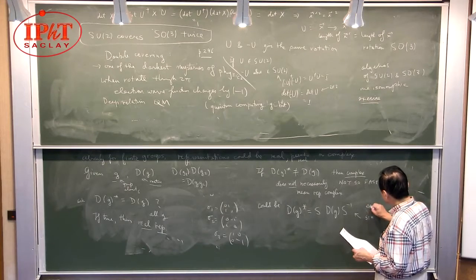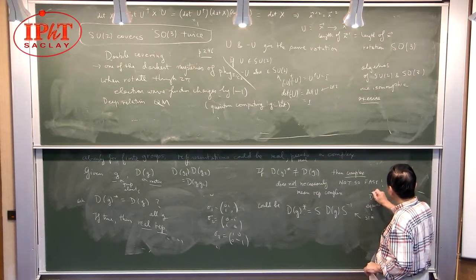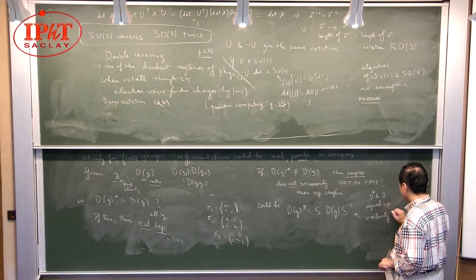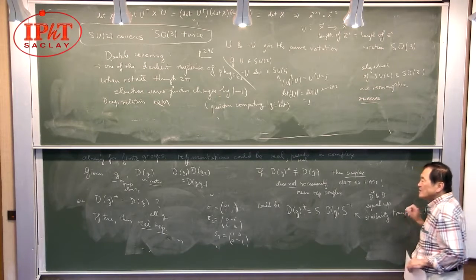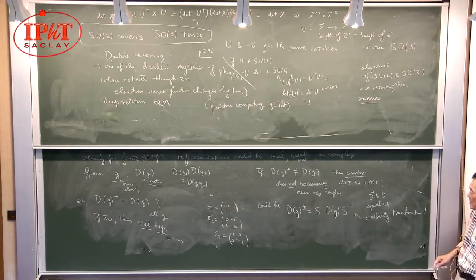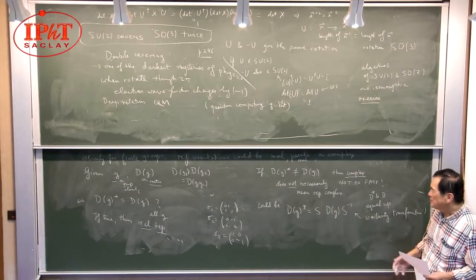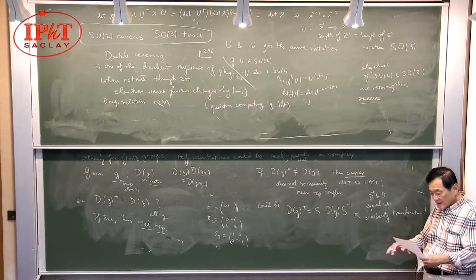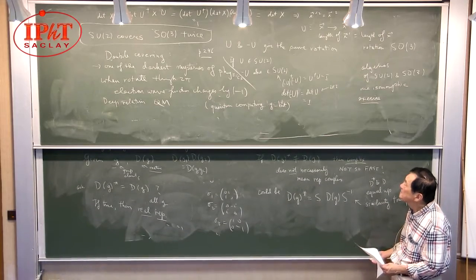So D star could be equal to D up to a similarity transformation. You remember that when we change bases in matrices, we make a similarity transformation. So intuitively, roughly speaking, pseudo-real means that although the matrices look complex, they could just be related by this transformation. So this is called pseudo-real.